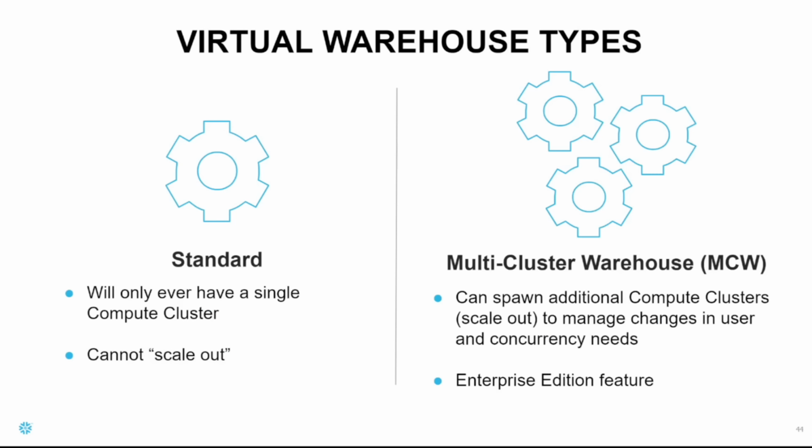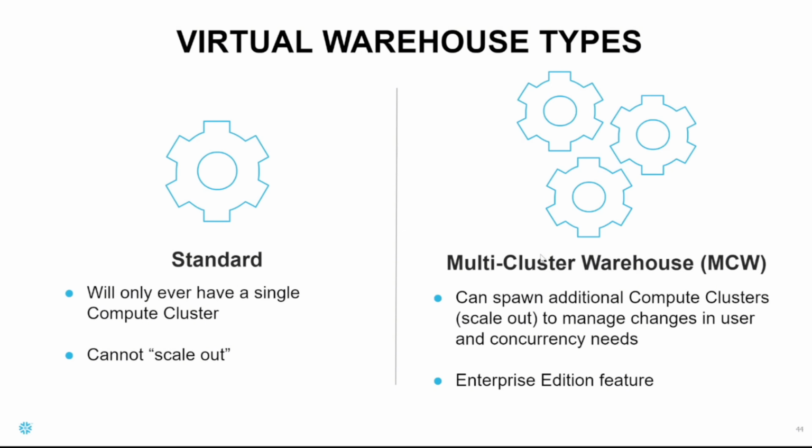Now, there are two types of warehouses currently in Snowflake. One is the standard warehouse and the other is the multi-cluster warehouse. In the standard warehouse, you will have a simple single compute cluster. You cannot scale out. So in future, if your queries increase, it cannot scale out automatically with the standard warehouse.